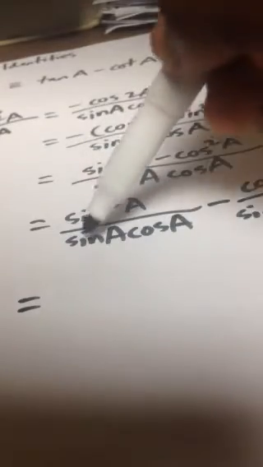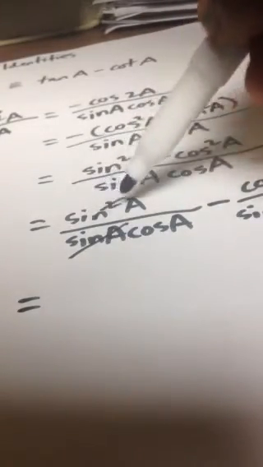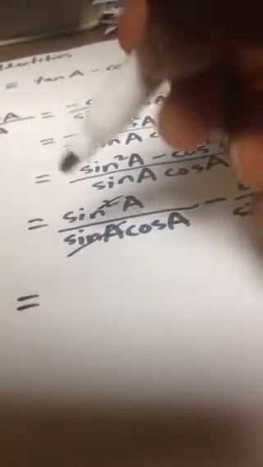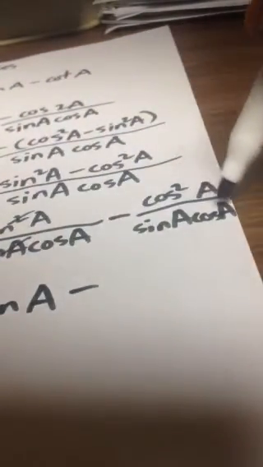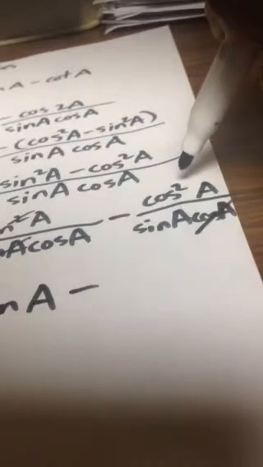Good, now this sine A will cancel with one of these, so sine squared A on top becomes sine A. So this is sine A over cos A. That's tan A, minus, and again this cos A in the denominator will cancel with one of the cos A's on top.